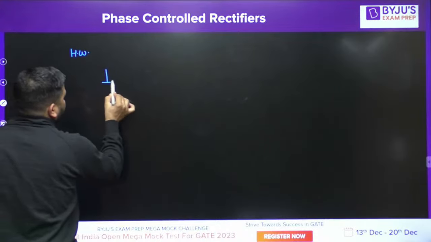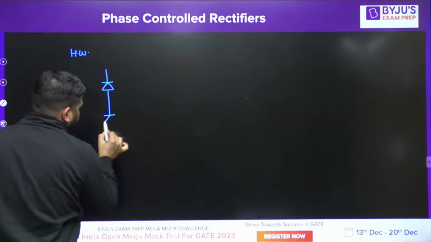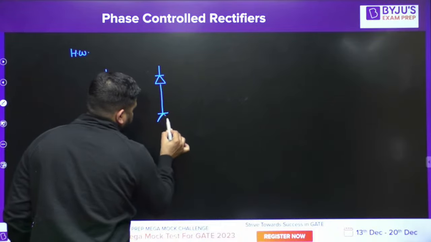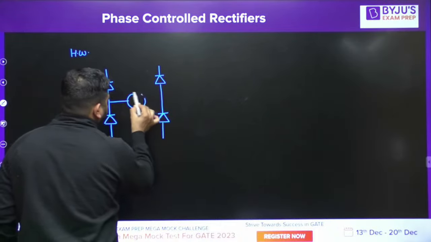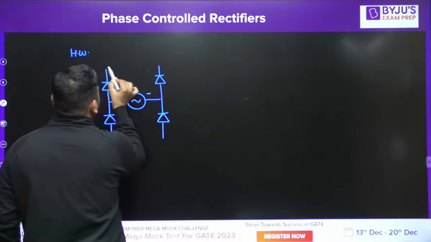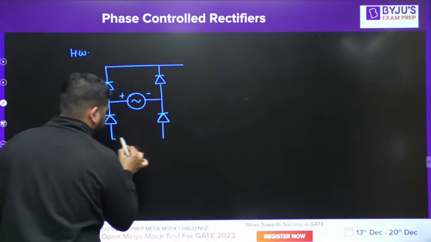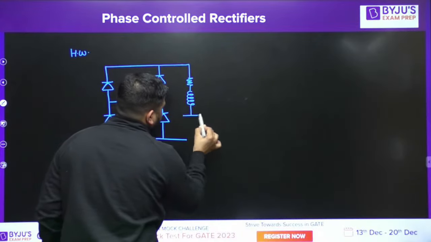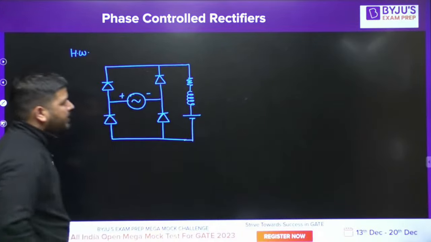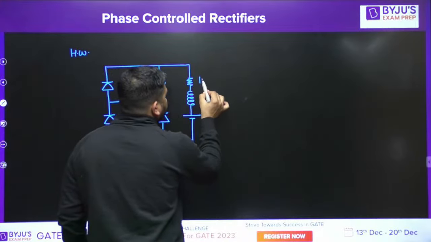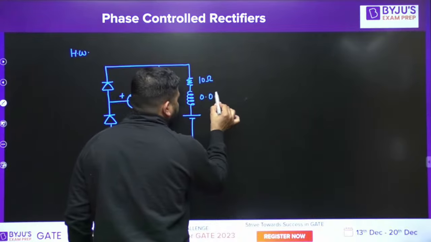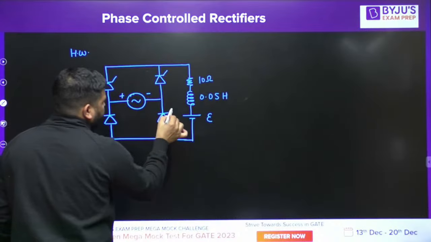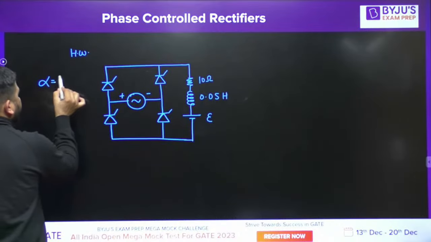Please do it. Let's say I have this circuit. This is R, this is L, and this is E. This is 10 ohm, 0.05 Henry, and this is E. The firing angle alpha is given as 60 degree.